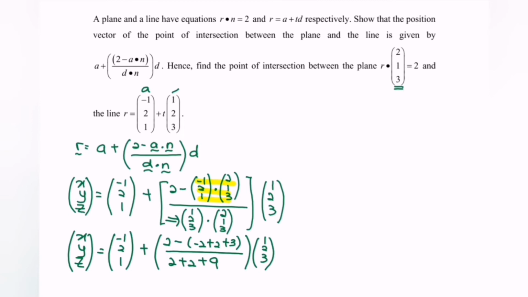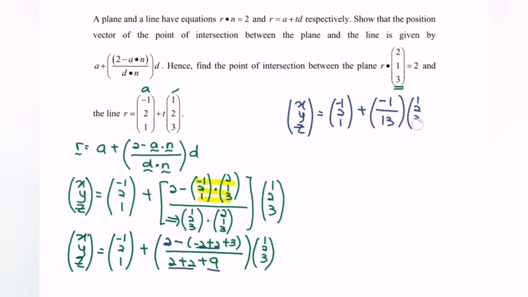Simplify the situation: x, y and z equals (-1, 2, 1) plus bracket. Focus on this part: 0 plus 3, so 2 minus 3 gives negative 1, over 4 plus 9, so we have 13, multiplied by (1, 2, 3).